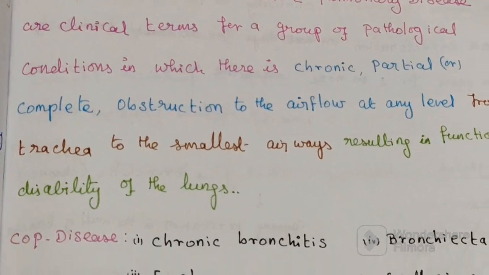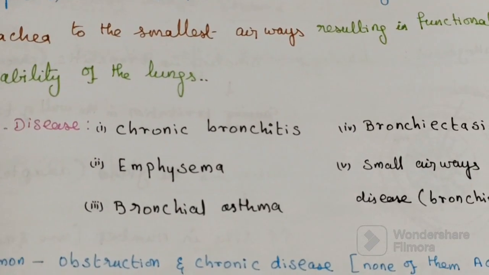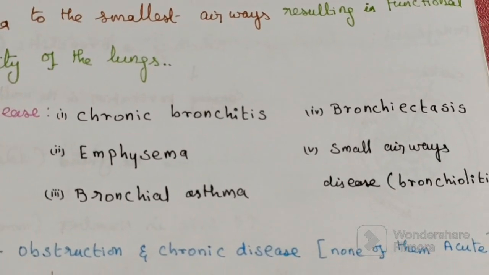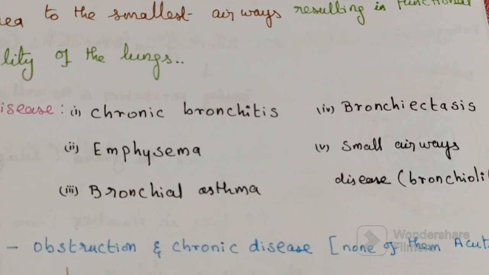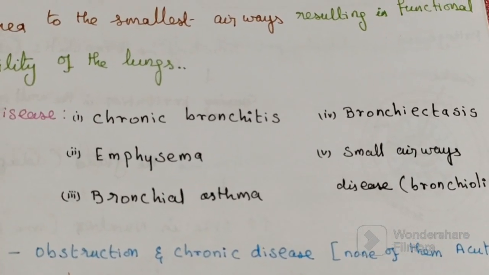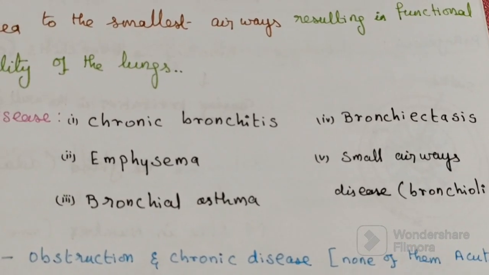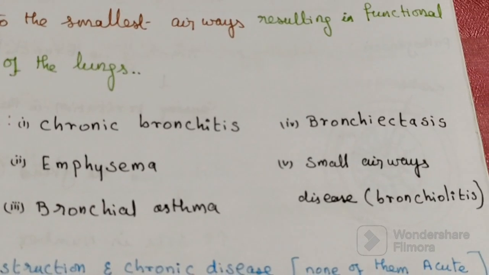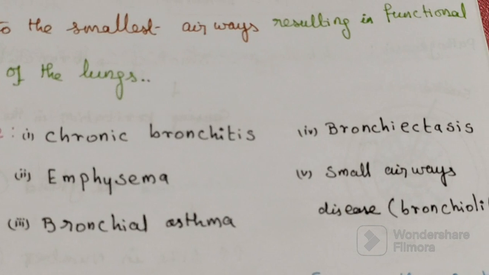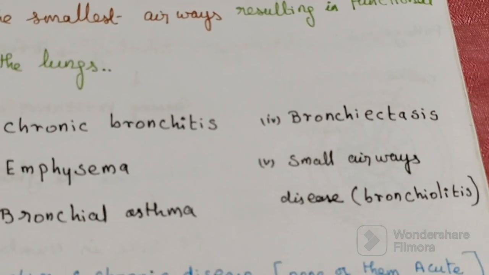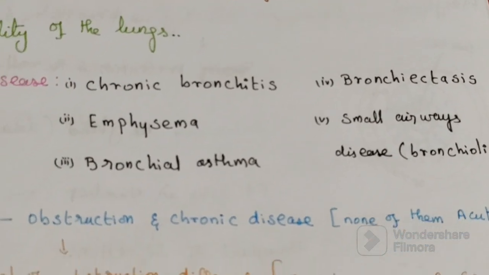There are various diseases: chronic bronchitis, emphysema, bronchial asthma, bronchiectasis, and bronchiolitis.